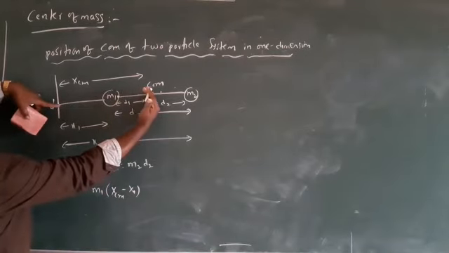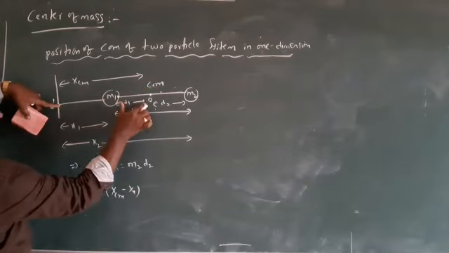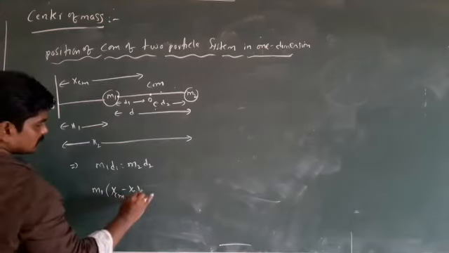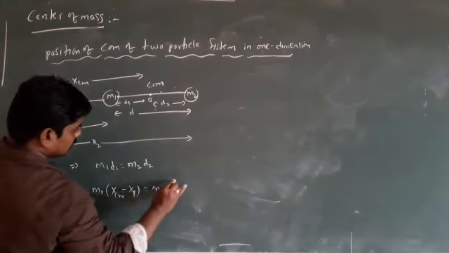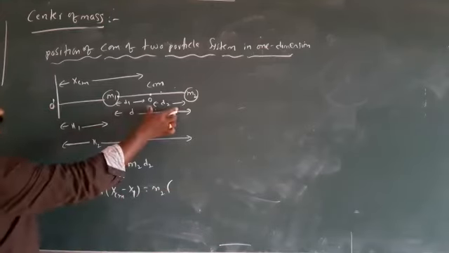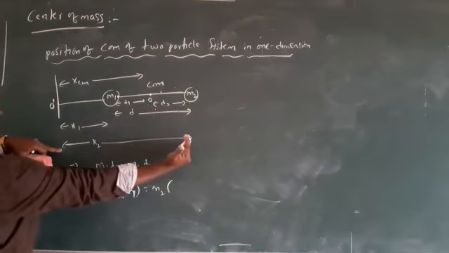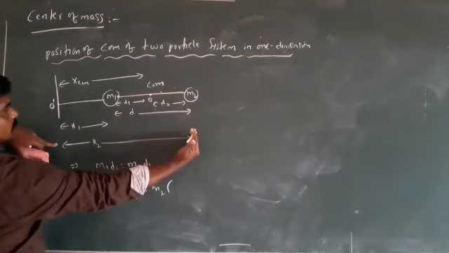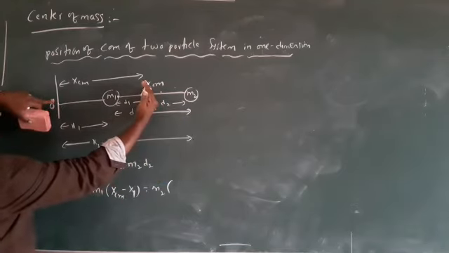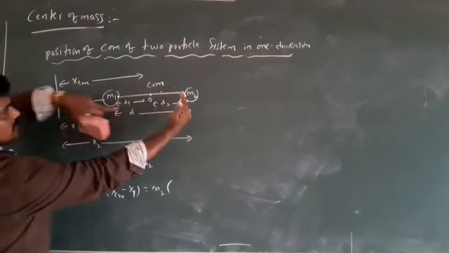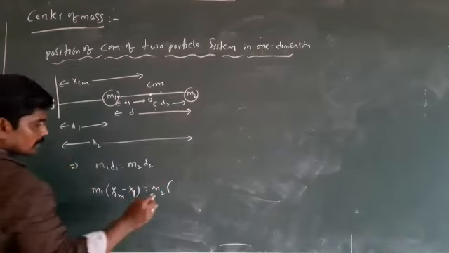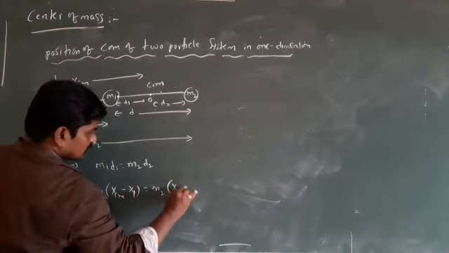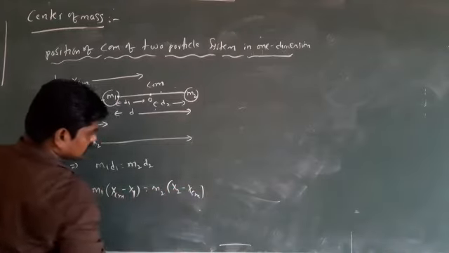So xcm minus x1 is equal to d1, and m1 d1 is equal to m2 d2. This is d2. Total distance is x2, this is x2, this is x center of mass, this is d2. From the diagram I am writing d2 is equal to x2 minus x center of mass.